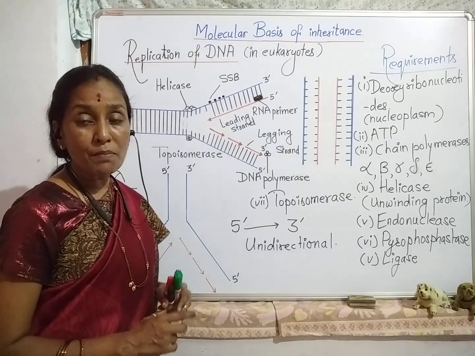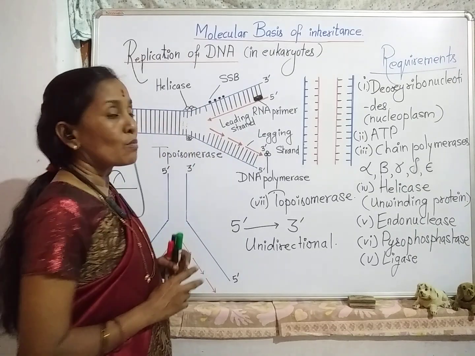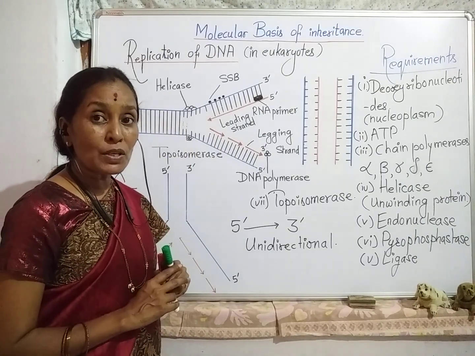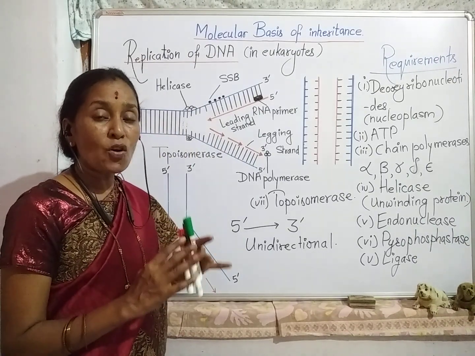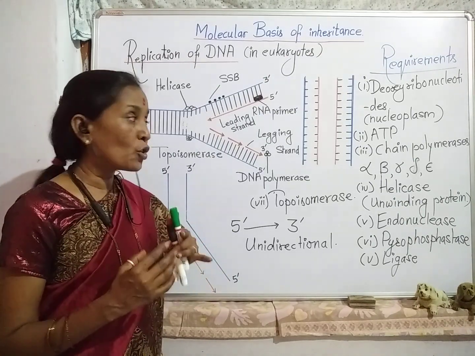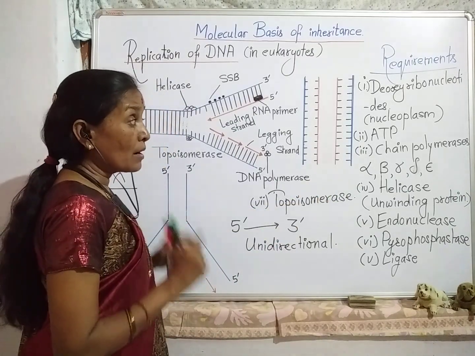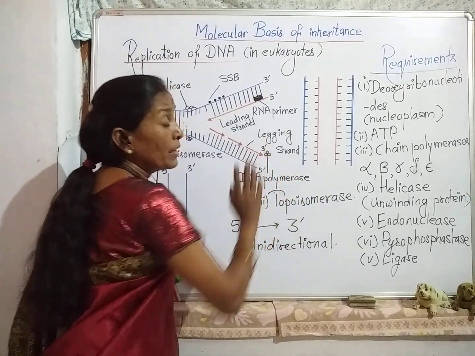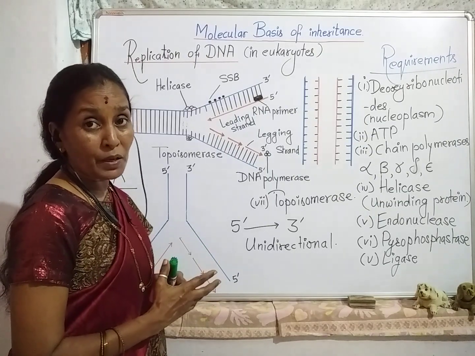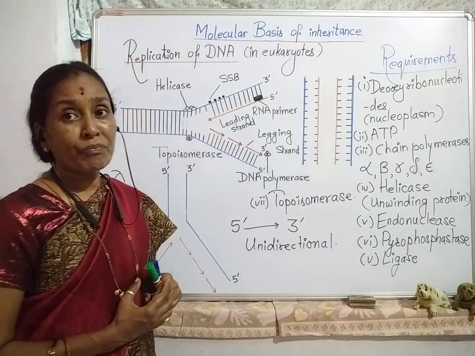That's why Meselson said that this replication mode is semi-conservative. 50% of DNA is of parental type and 50% of DNA is of new type. This diagram indicates that.